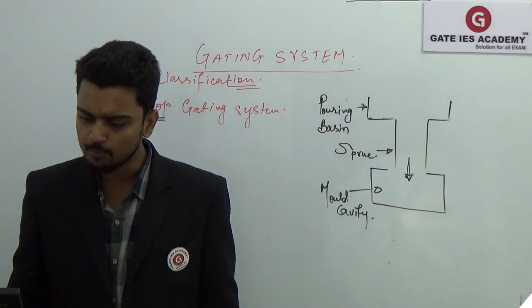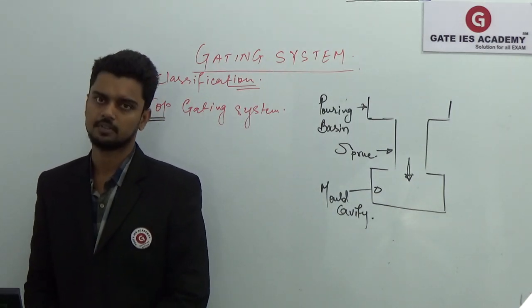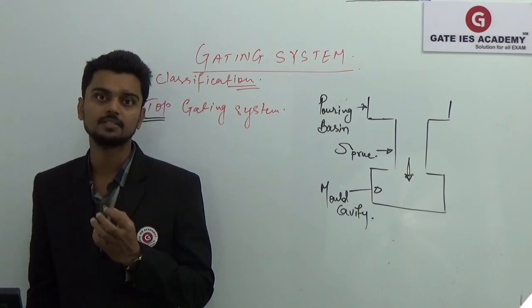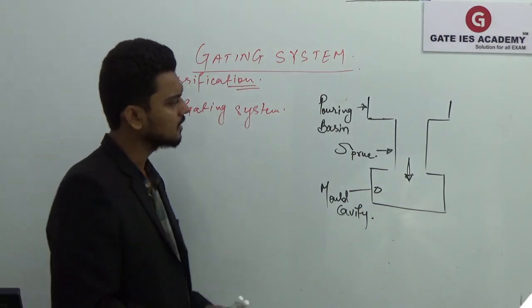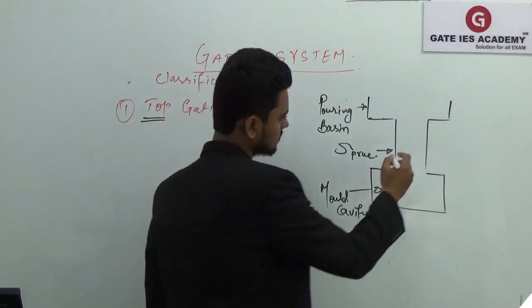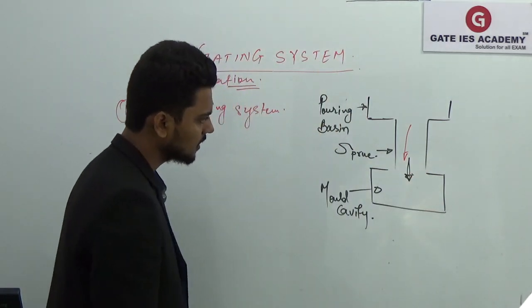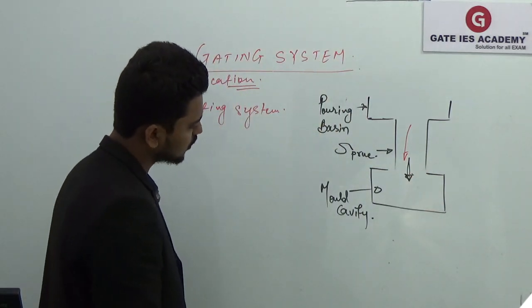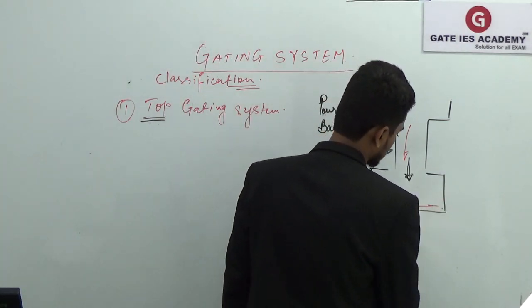Now the second point is that a favorable temperature gradient towards the gate is achieved. What does that mean? Initially, when the molten metal starts filling the cavity, it will be collected here at the base.